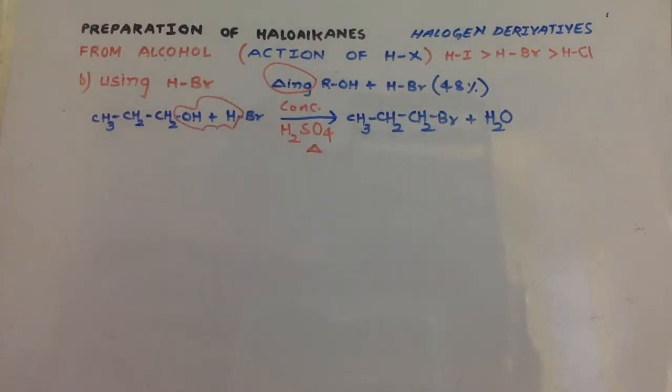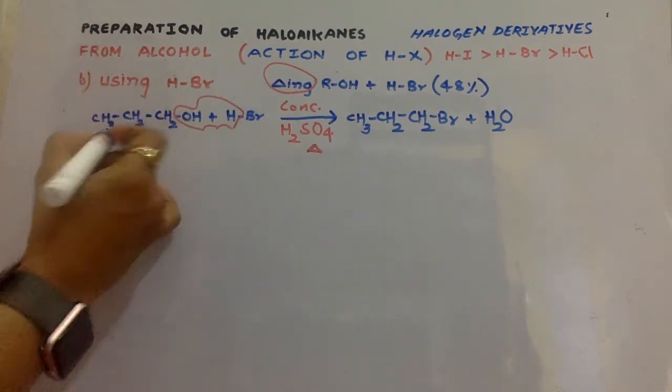So a primary alcohol is treated with HBr in presence of concentrated sulfuric acid to give a primary alkyl bromide and a molecule of water. What else can I do?